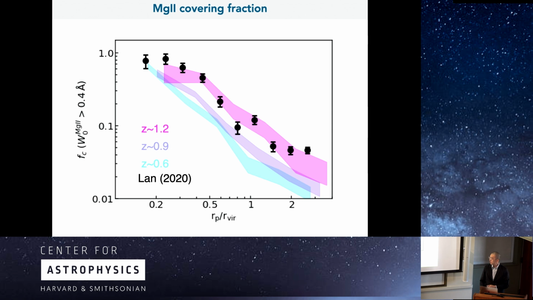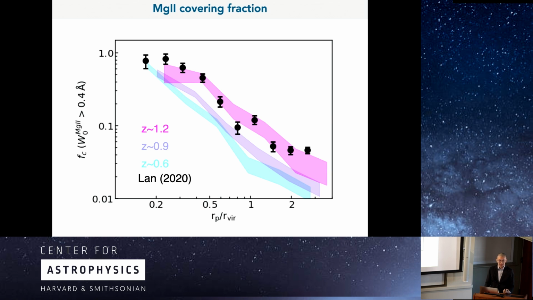And this is my previous studies at low redshifts from redshift 0.6, 0.9, and 1.2. So I would say that it's actually similar or consistent with the combined previous studies. Actually, there's a redshift evolution, and it's consistent with a continued increase of the covering fraction for the cool gas traced by magnesium.